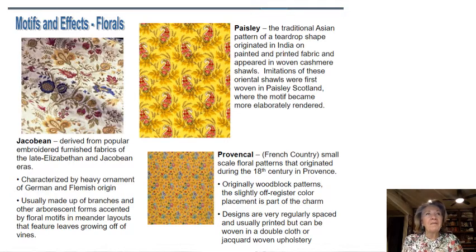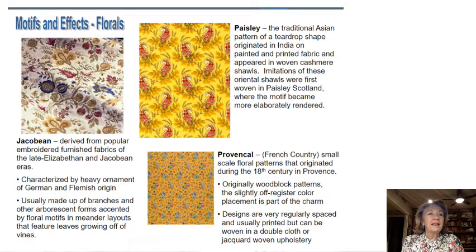So more on motifs and effects. We're still talking about florals, which are the most popular of the motifs. The beautiful fabric on the left, I just love that textile. It's what we call a Jacobean print. It's derived from popular embroidery furnished fabrics of the late Elizabethan and Jacobean eras. So that fabric is printed, but it's made to look like the embroidered designs from previous ages.